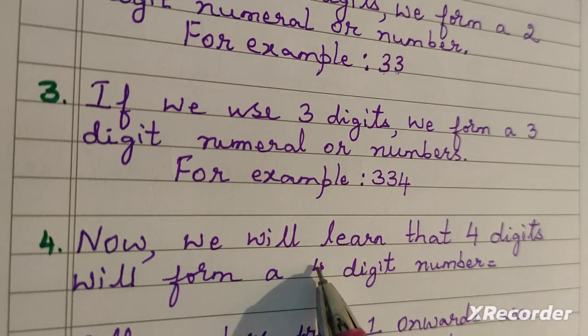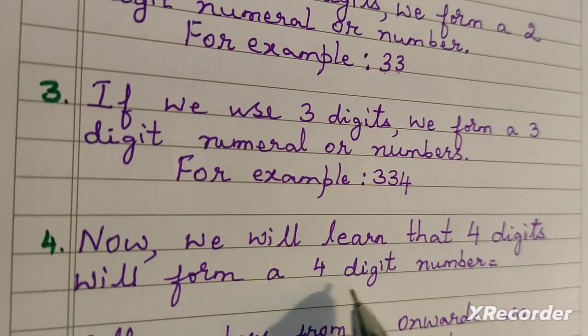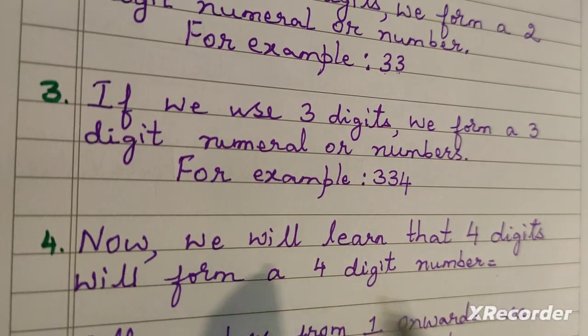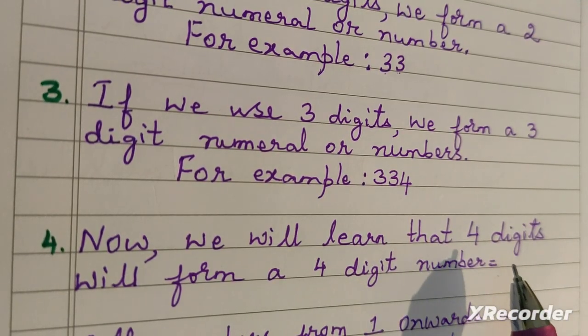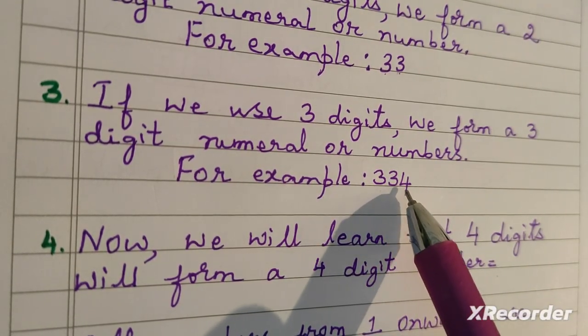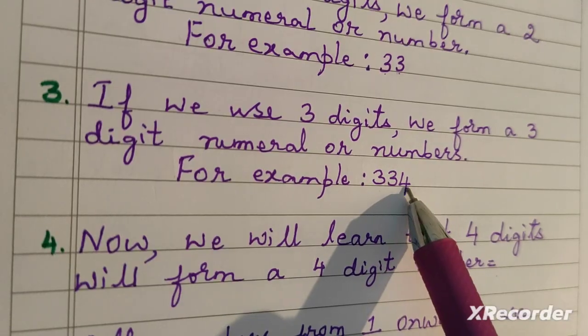Now we will learn that 4 digits will form a 4-digit number. 9999 is 4 digits. This is 3 digits: 334.